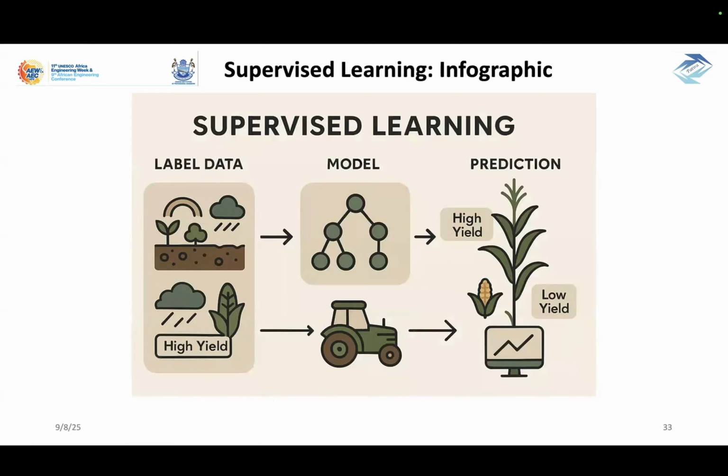Here is a cartoon to show you. In supervised learning, you have your labeled data here, and you want to see the yield. And this is your model. After the model, you can predict either high yield or low yield. This is supervised because it's learning from labeled data.